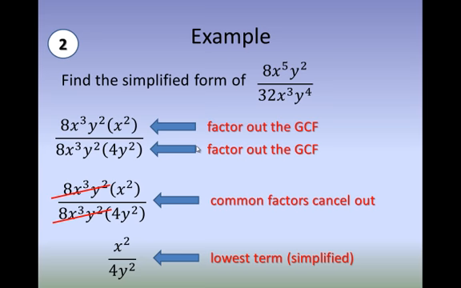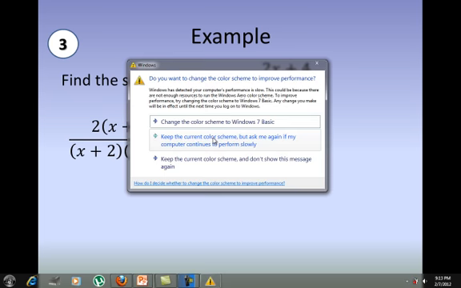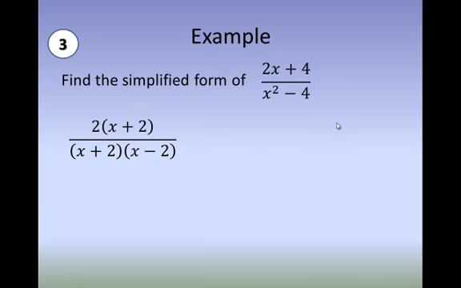Let's take a third example. Find the simplified form of 2x plus 4 over x squared minus 4. Okay. We can factor the numerator as 2 times quantity x plus 2. The denominator can be factored using the difference of two squares: x plus 2 times quantity x minus 2.